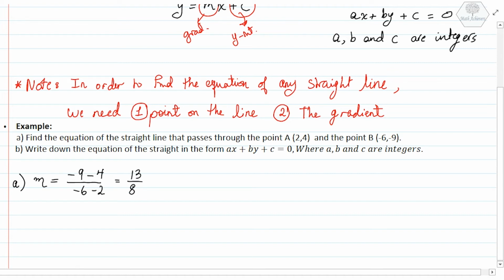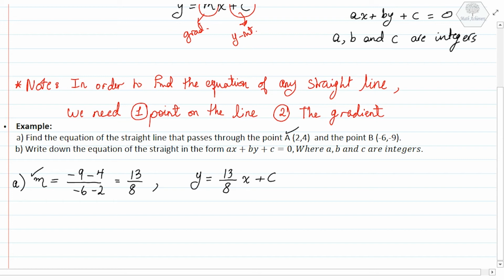Now, I have a point and I have the gradient. Now I can find out the equation of the straight line in the form y equal mx plus c. Let's substitute. Instead of m, I have y equal 13 over 8 x plus c.